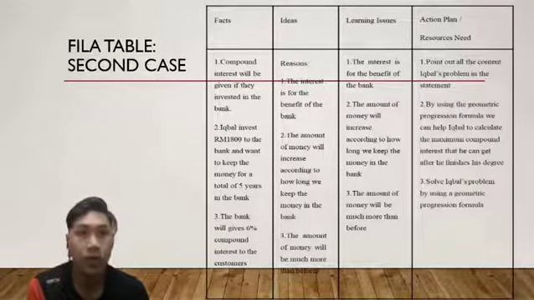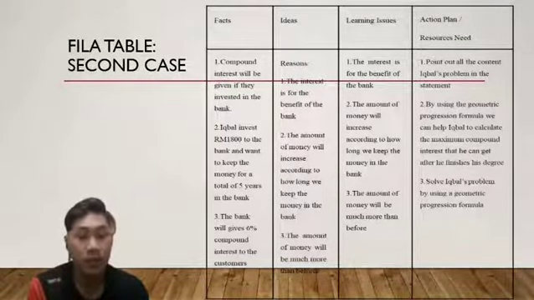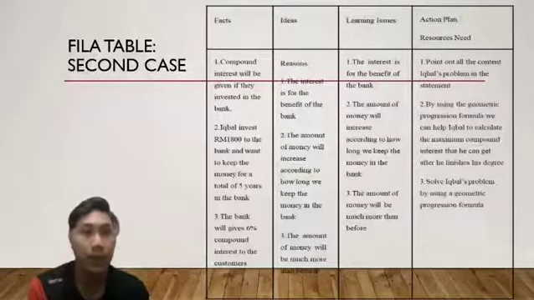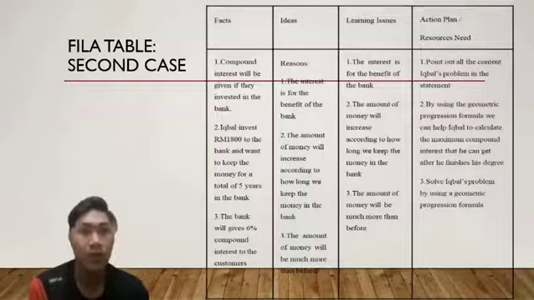Number 2, Iqbal invests 1,800 in the bank and wants to keep the money for a total of 5 years. The amount of money increases according to how long we keep the money in the bank. Any issues? The amount of money will increase according to how long we keep it in the bank. Action plan: by using the geometric progression formula, we can help Iqbal to calculate the maximum compound interest that he can get after he finishes his degree.